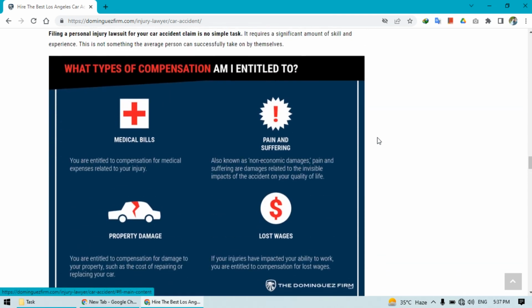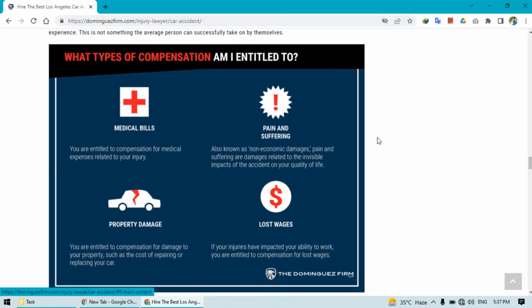Next, what type of compensation am I entitled to? First is medical bills. You are entitled to compensation for medical expenses related to your injury. Second is pain and suffering, also known as non-economic damages. Pain and suffering are damages related to the invisible impact of the accident on your quality of life.